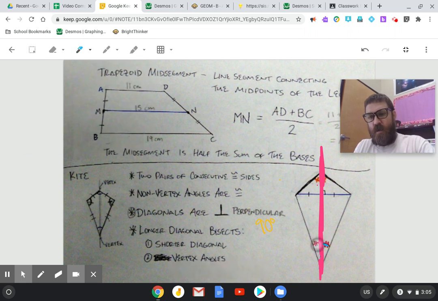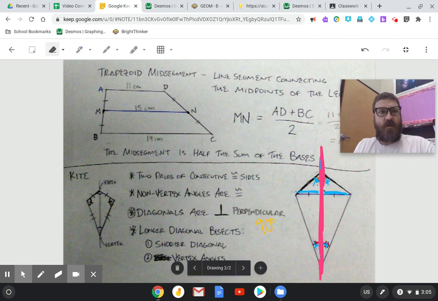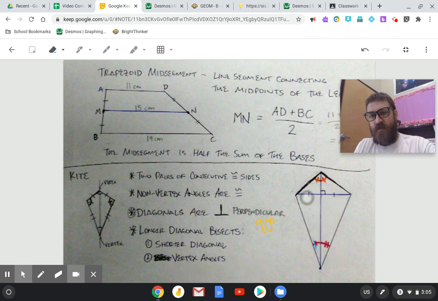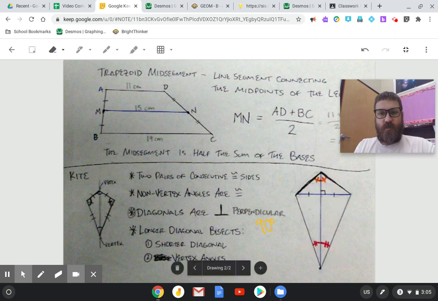There is a congruent angle here and here. There's another pair of congruent angles here, and then there are congruent line segments here because this is bisecting that figure. It's cutting it in half. So things that are opposite of that line are going to be congruent to each other. So those are the main characteristics of kites and trapezoids.